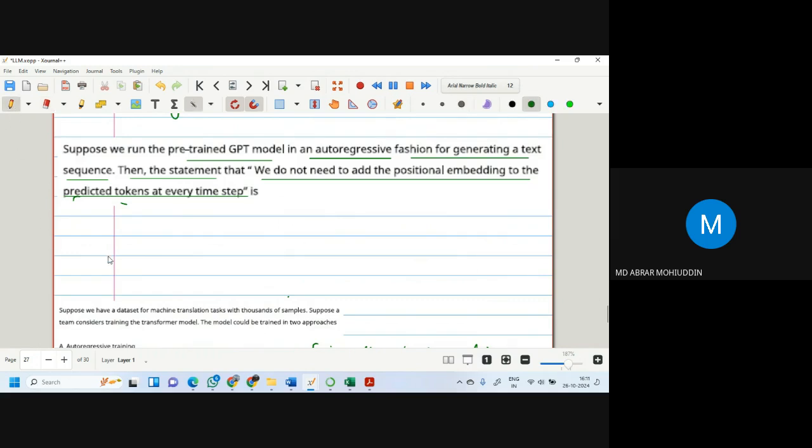True. Positional encoding. See, the decoder has started. Just think, the decoder has started. It does not know how many words are there in the future. So it has started generating. It passed this, it passed this. But at least it should know the position of these words.